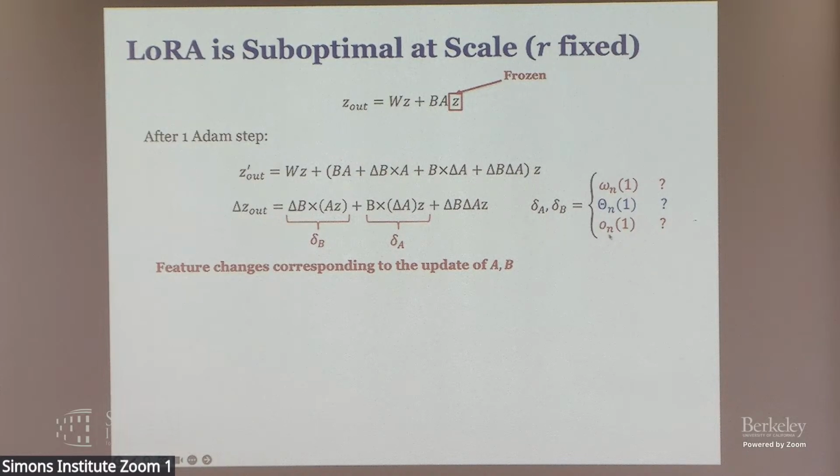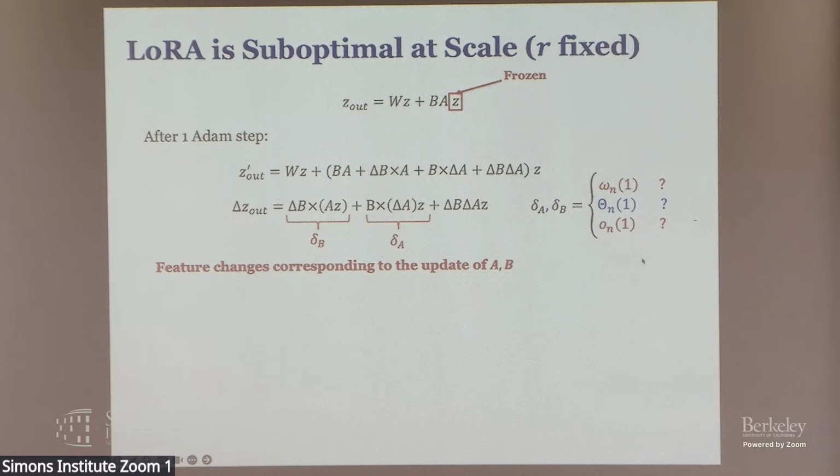And you don't want it to vanish, because think about the case where delta A vanishes. It means that asymptotically, when the embedding dimension is large, this is negligible, which means that updating A doesn't contribute to fine-tuning the model asymptotically. So you don't want that.